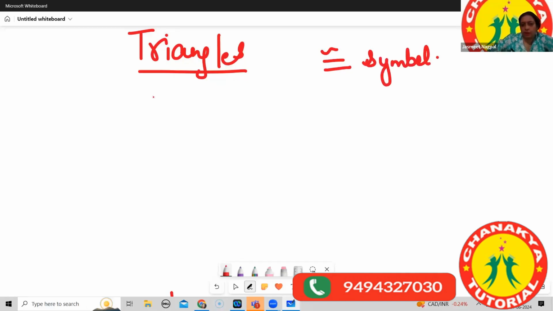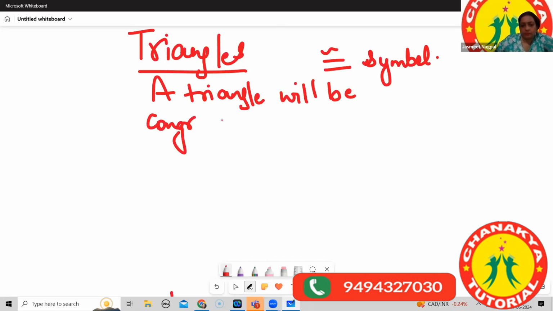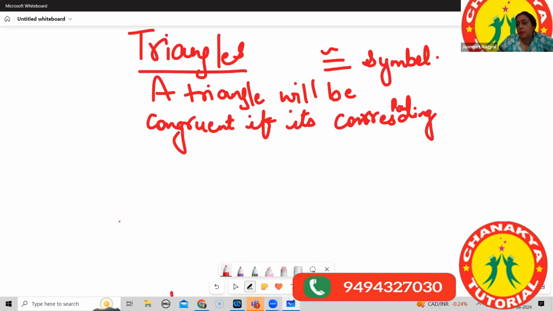A triangle will be congruent if its corresponding sides, this is corresponding, okay?